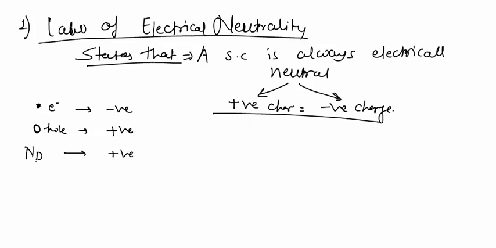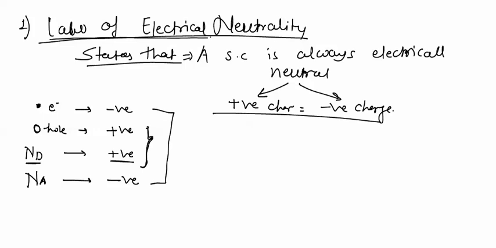So these donor type impurities will be accounted as a positive charge, and the acceptor type impurities will accept an electron and acquire negative charge.